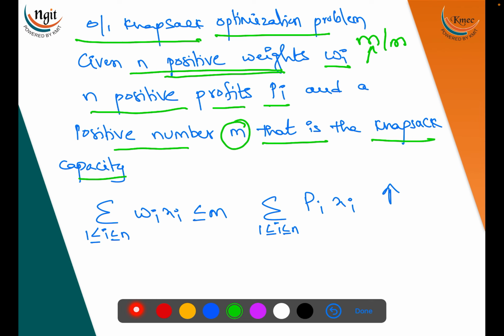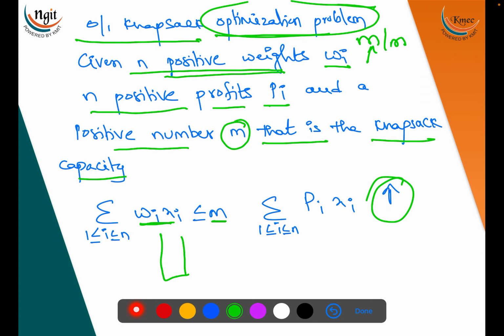And the constraint is what? The total weight of the individual objects that we place inside the container should not be greater than the capacity of the bag, and the profit should always be maximized. And that's what I said, it is an optimization problem.